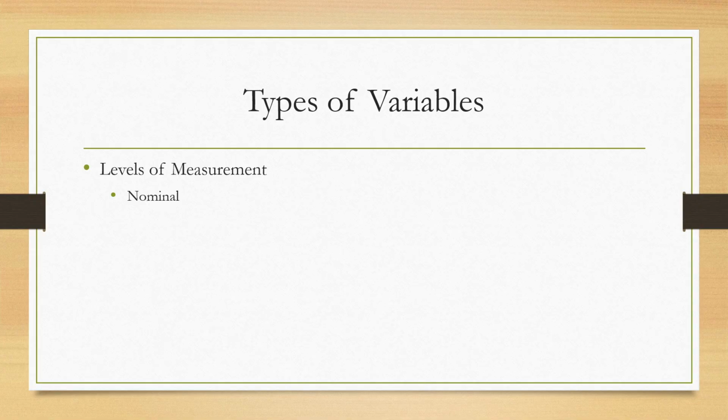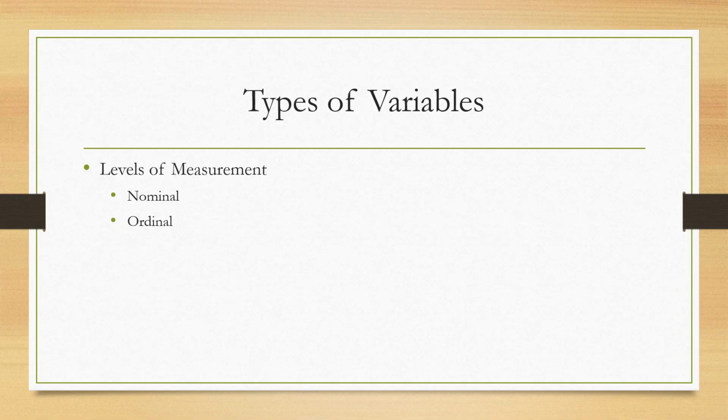Let's get off of colors. Your favorite superhero, your name. These are things that we can record. Sometimes these are called categorical variables. We'll talk about that in a moment too, and are considered categories or groups that the outcome or participants may fall into. So that is a nominal variable.